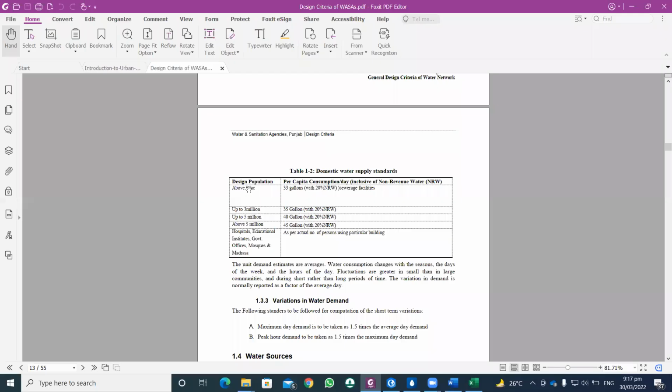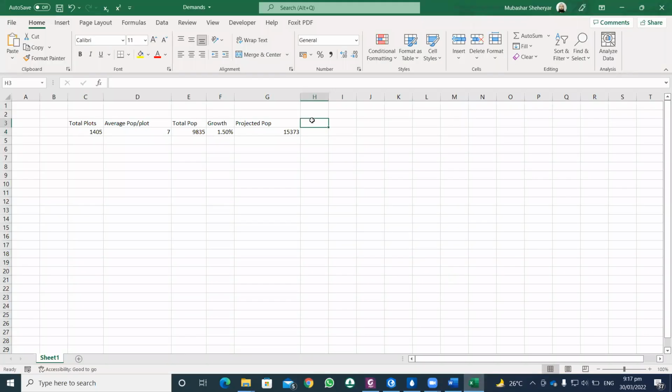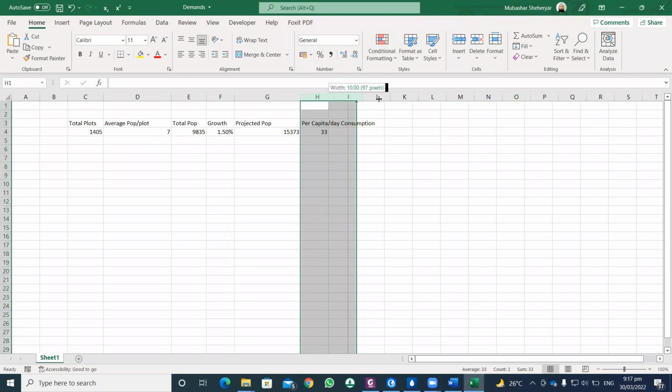For the average demand, since the population is less than 1 lakh, I will be using 33 gallons per capita per day. So the per capita consumption, the specific demand, is about 33 gallons per capita per day.